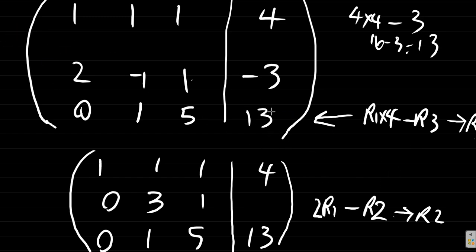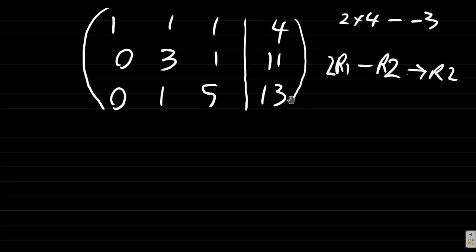And then what happens after this? There's a 4 up here. So it's 2 times 4 minus row 2 with a negative 3, so minus negative 3. So it's 2 4s, 8, plus 3, 8, 9, 10, 11. So you have an 11 here.